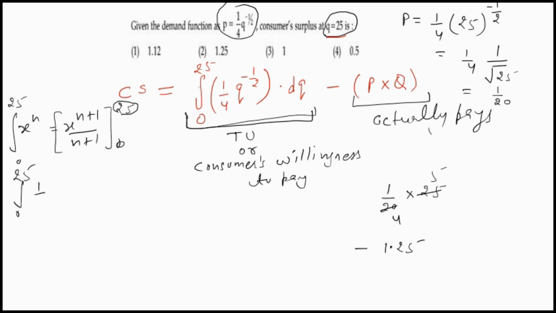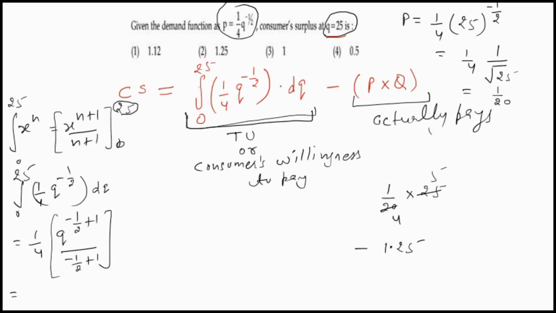So first we do this integration of this demand function from 0 to 25, which is 1 by 4 q raised to power minus half. We have to integrate with respect to q. This will be basically 1 by 4 as it is, because it is a constant term. Q raised to power minus half plus 1 divided by minus half plus 1, and we put the limit also 0 to 25.